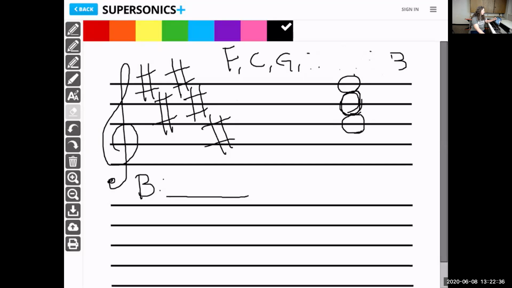Erase a little bit of this here. What they've also done is they've given you an F sharp here. Okay, so that's the chord they've given you.